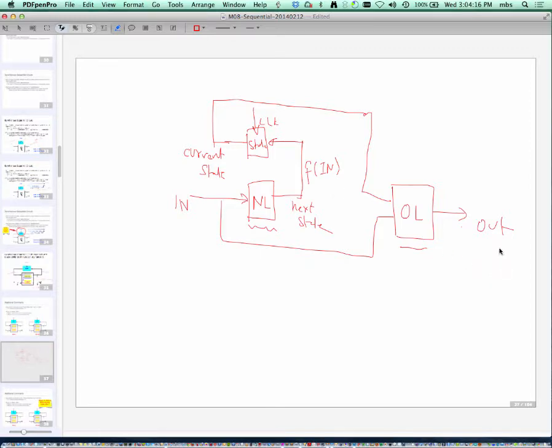And therefore my output is nothing but out is some function g, which corresponds to this guy, of in and in at the previous clock. So this is a special case where I have only one clock cycle of history.